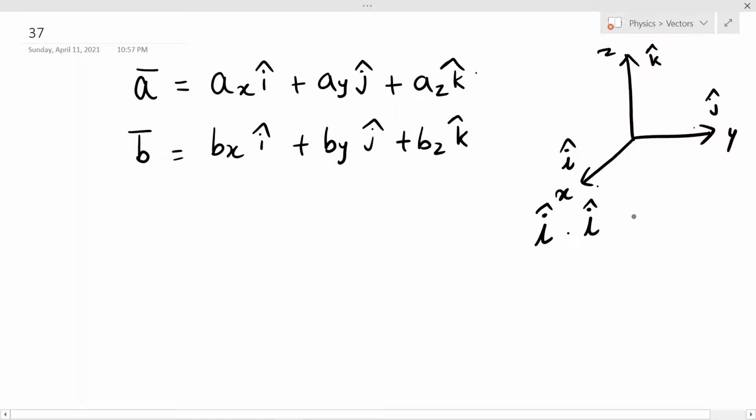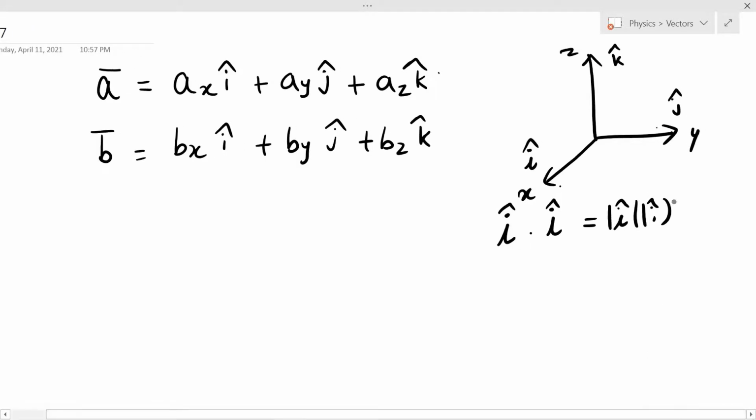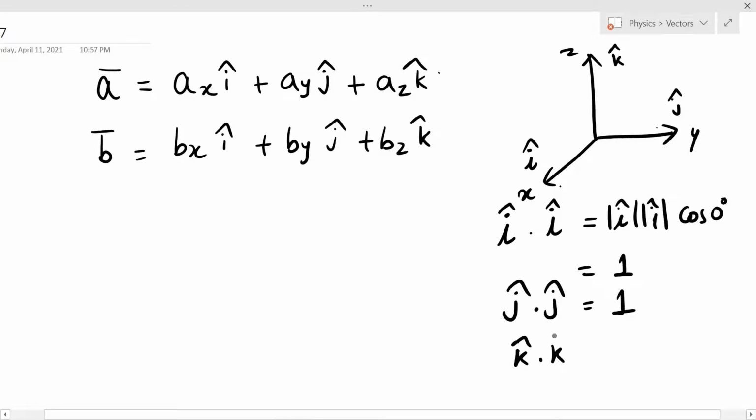So i cap dot i cap will be modulus of i cap into modulus of i cap into cos of 0 degree, because the angle between i cap and i cap is 0. So this will be 1 into cos 0. Cos 0 is again 1, so this becomes 1. Similarly, you get j cap dot j cap to be 1, k cap dot k cap to be 1. So the similar reasoning follows.